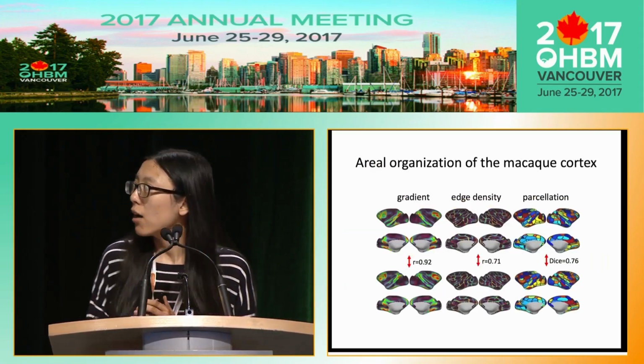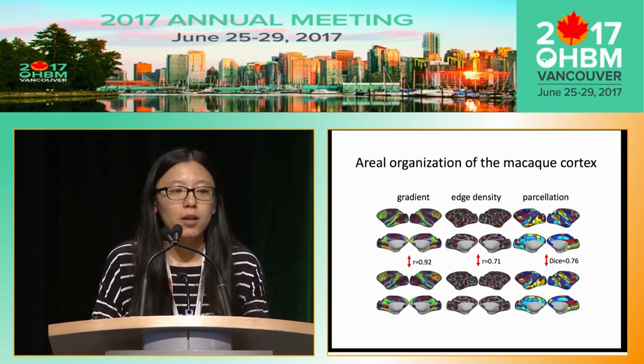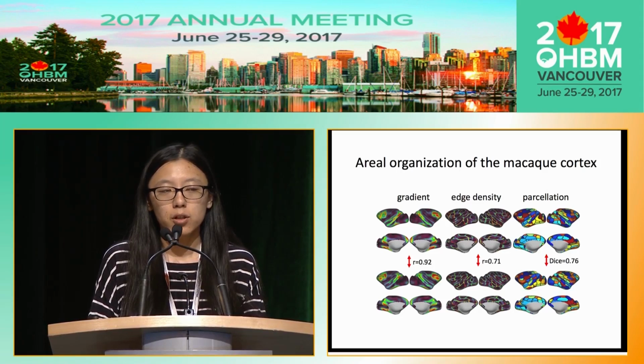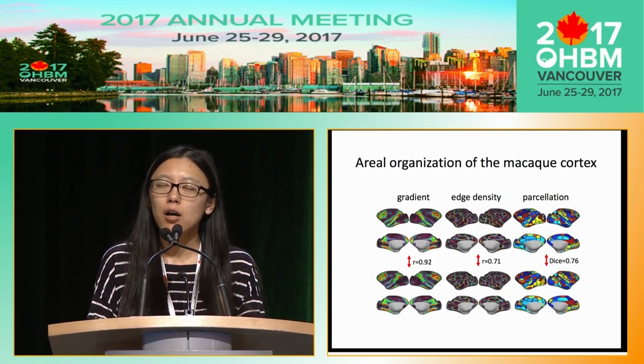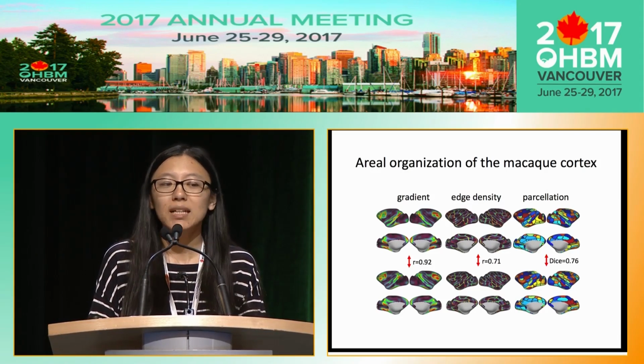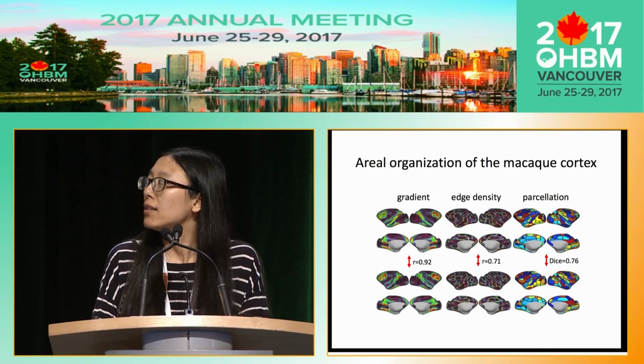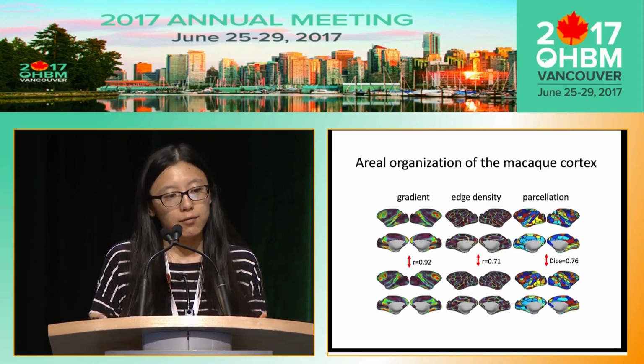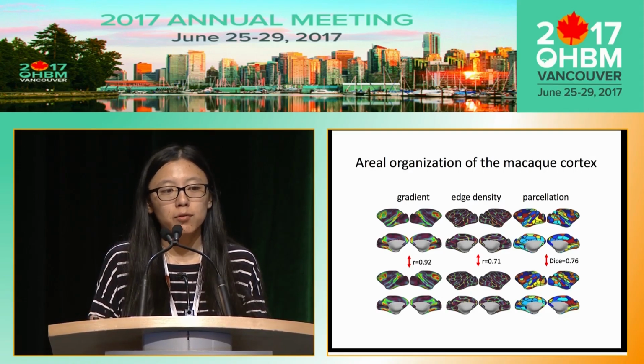So let's look at how the functional boundaries look. This is an example from an NKI monkey, which has 140 minutes of data. We split the data into half and half and looked at whether the two halves could produce reproducible functional boundaries. The first two are the gradient map and the edge density map.